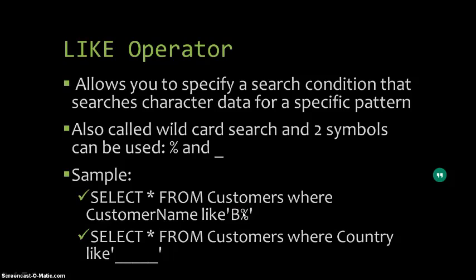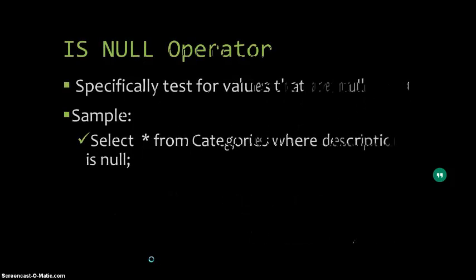It means all customer names beginning with B. SELECT * FROM customers WHERE country LIKE, with 5 underscores. We'll test it later. The IS NULL operator specifically tests for values that are null. Sample: SELECT * FROM categories WHERE description IS NULL.